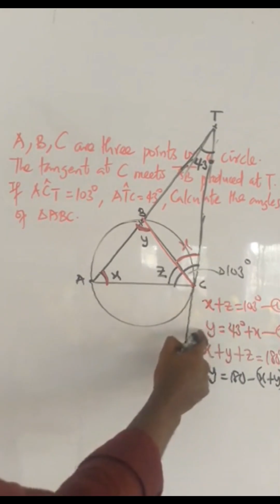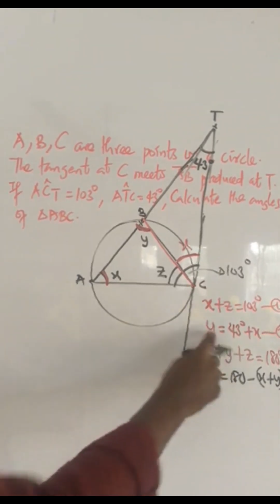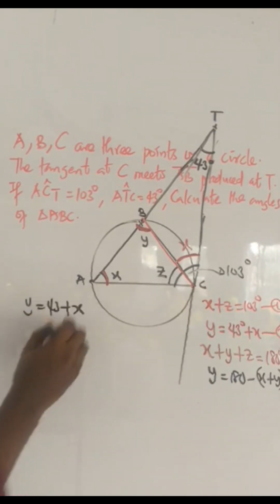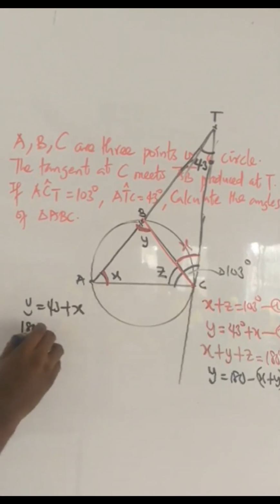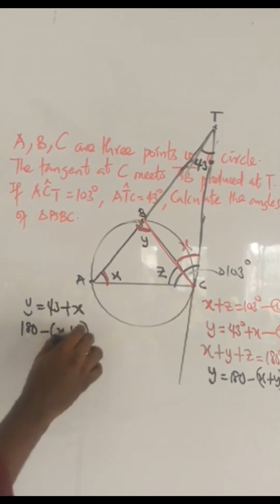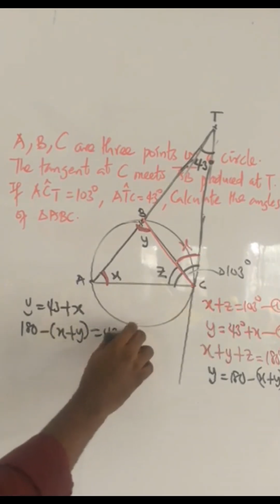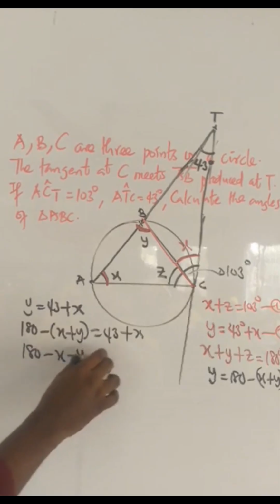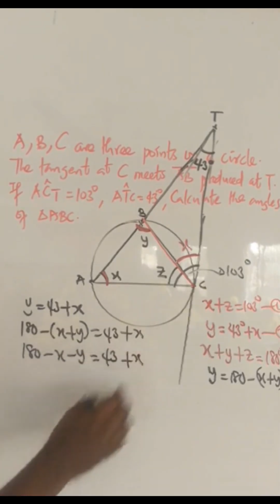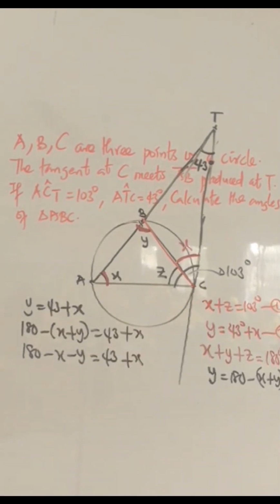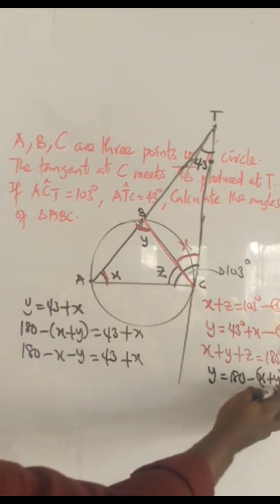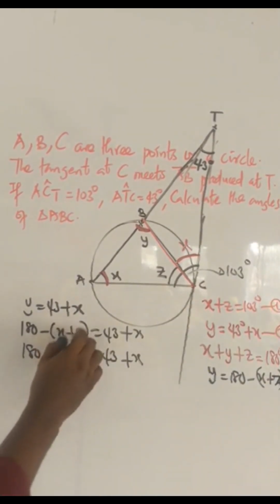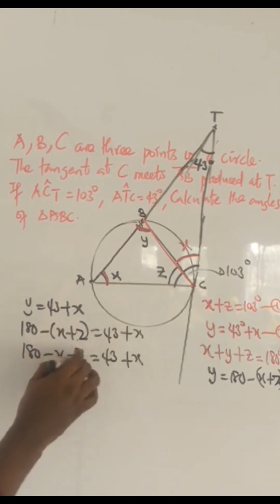Instead of writing Y equals 43 plus X, we can just write 180 degrees minus X plus Z equals 43 plus X. So 180 minus X minus Z equals 43 plus X. Sorry, this should be Z.